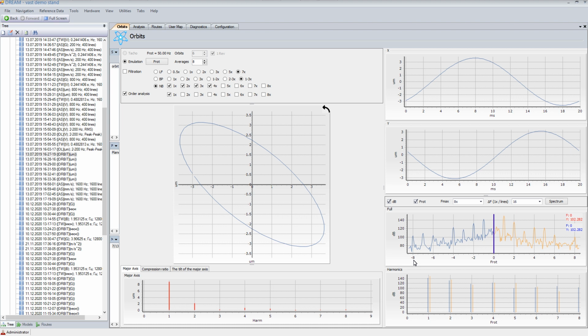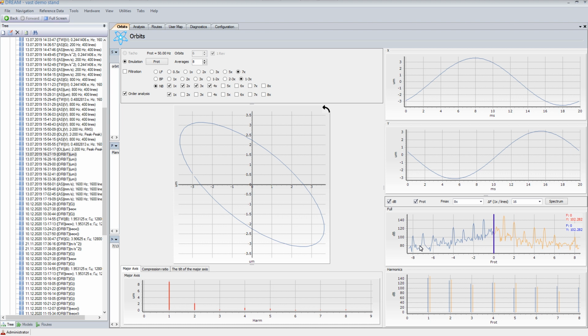Actually, it is not exactly like this. There is a more complex formula, but the idea is that we split the rotation of the shaft into direct and reverse direction. The positive frequencies are the rotation in the direct direction, and the negative frequencies are the rotation in the reverse direction.